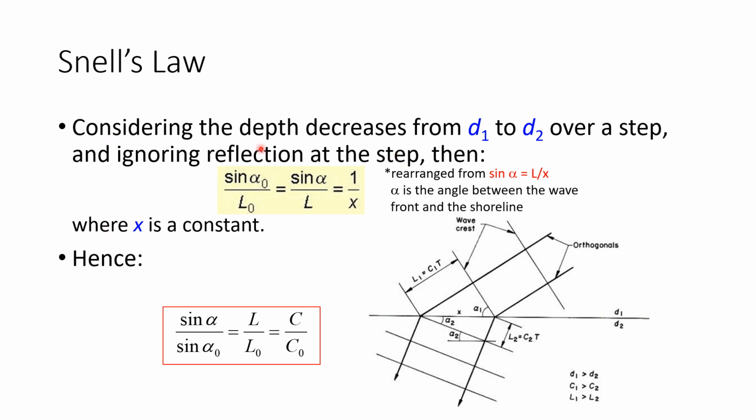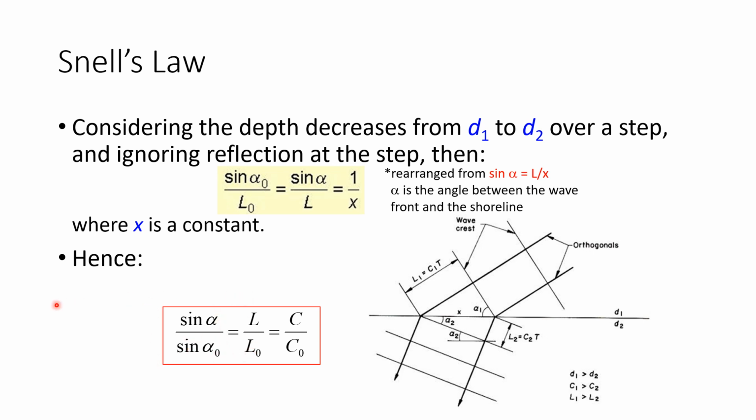Based on the expression that we derived, we can rearrange it and obtain this expression. As you can see, sine alpha over sine alpha naught must equal L over L naught. Since L and C are directly related, C is equal to L over T, and T is a constant, so L over L naught is also equal to C over C naught.